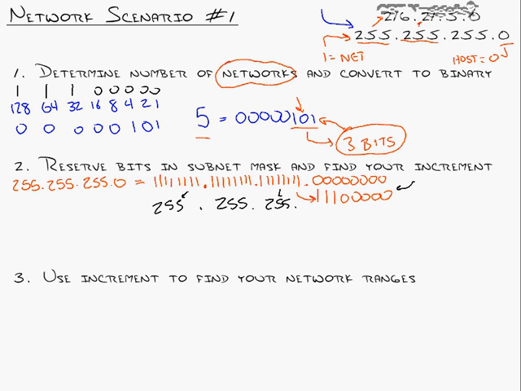So if I wanted to find out what this is in a decimal number, I would just take 128 plus 64 plus 32. And that, if we add that all together, will be 224. So our subnet mask that we get for our entire organization is 255.255.255.224.